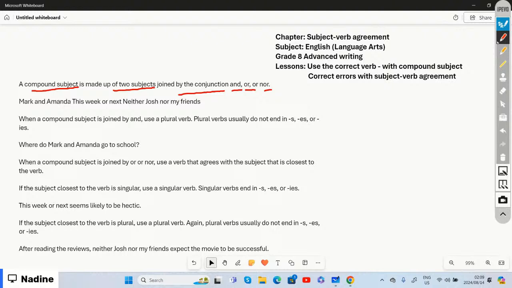So that is basically made up of two subjects, like two people, things or animals, and it is joined by a conjunction, and the conjunctions are and, or, or nor.